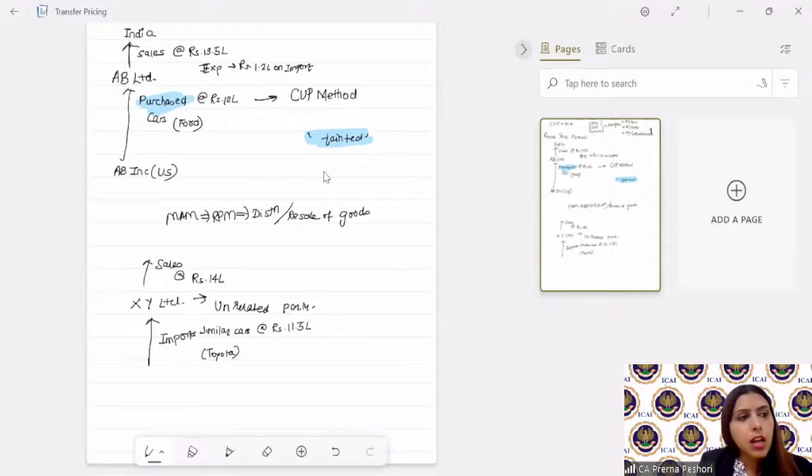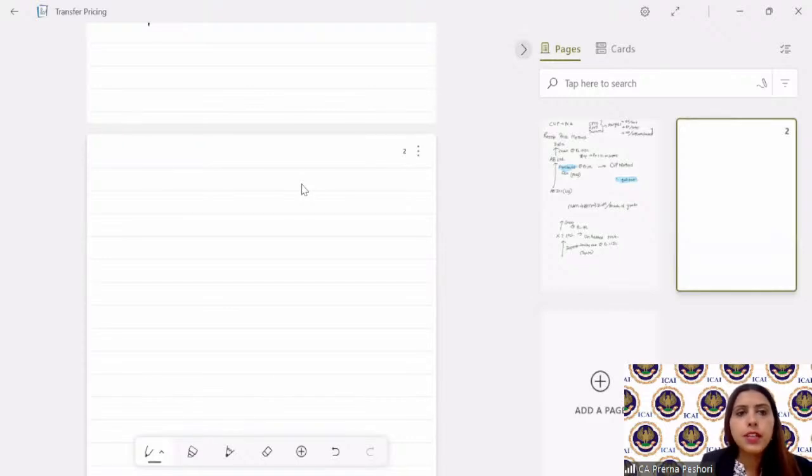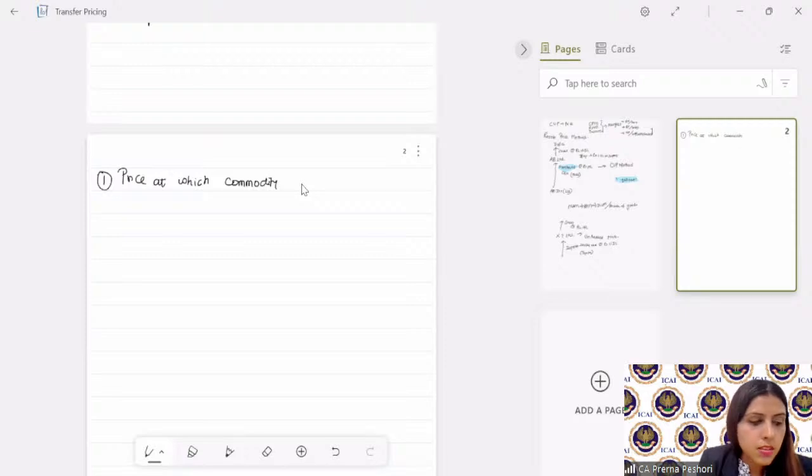Now, what you'll be doing here is, first, determining the price at which the commodity is resold to an unrelated enterprise.